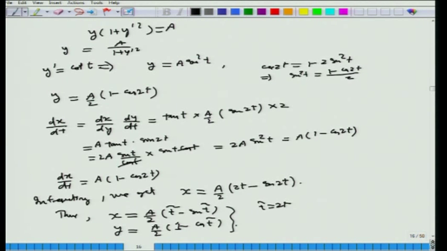And we know that this is the solution of this curve is called cycloid. So, extremals are cycloid in this case, which is as expected, which was mentioned in the first lecture.